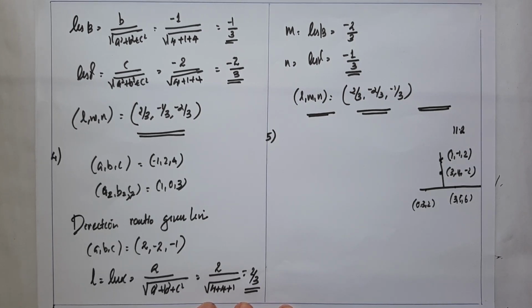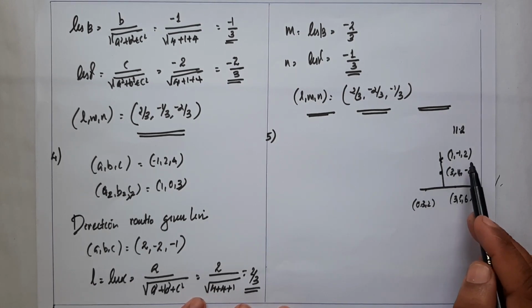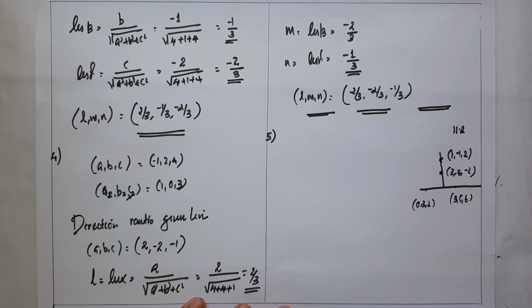That means here we have to prove that these two lines are perpendicular. The first line passes through the points 1, minus 1, 2 and 3, 4, minus 2. First of all, find the direction ratio of that line.